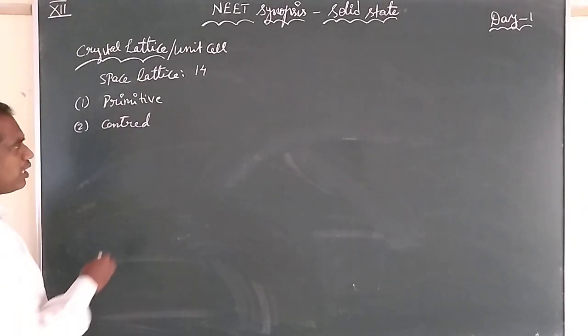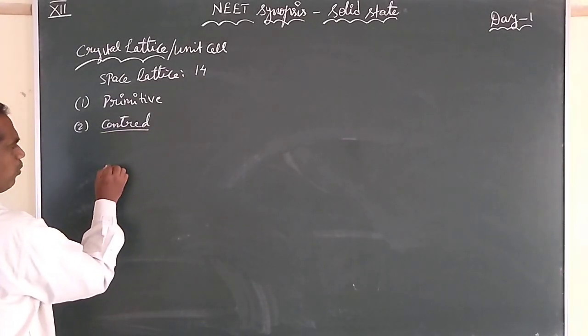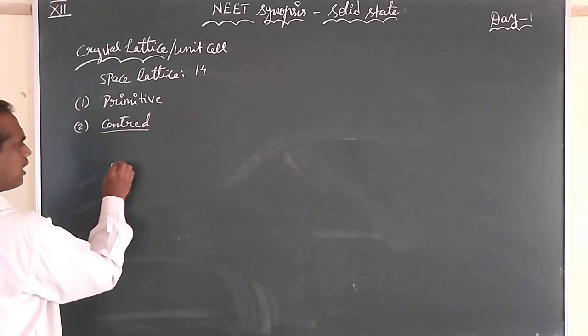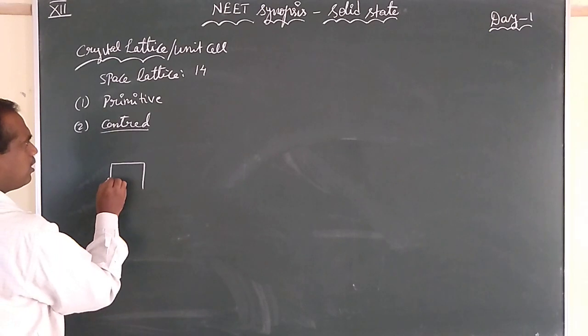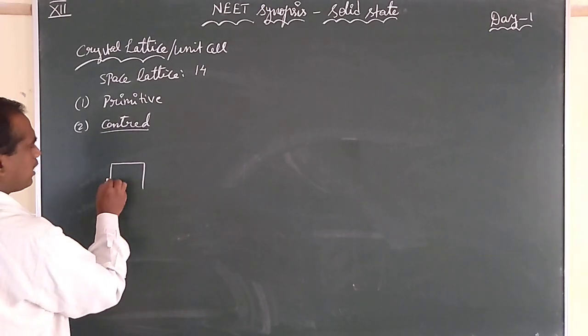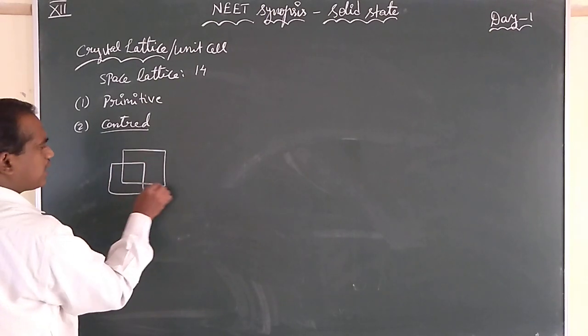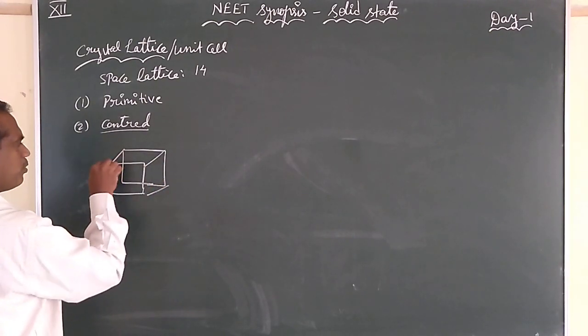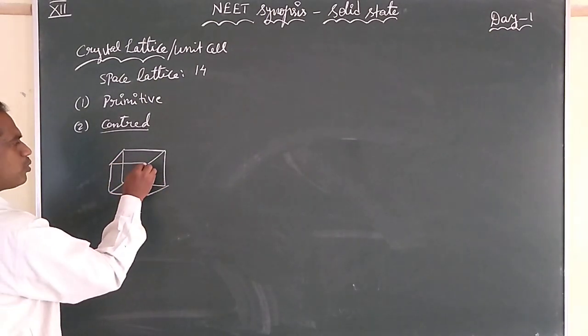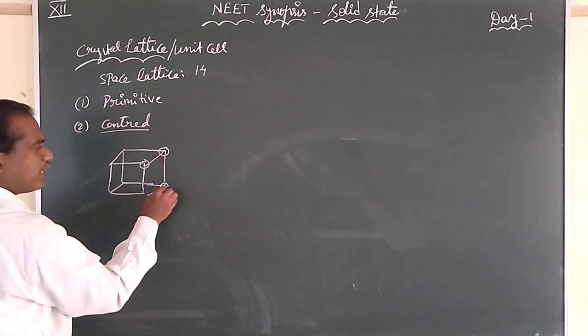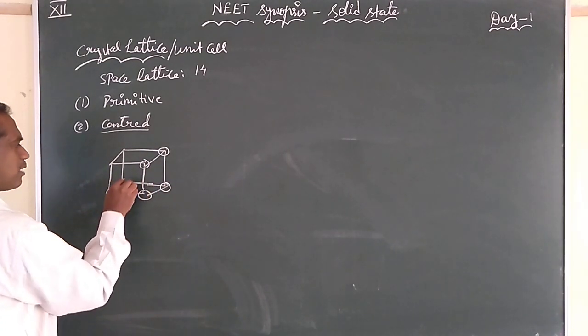What do we call the centered unit cell, children? This is the primitive unit cell that you can see. First of all, I am drawing the primitive unit cell. In the primitive unit cell, the atoms or ions are present only at the corners.